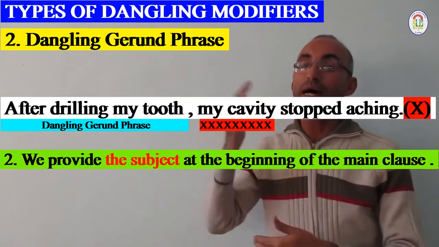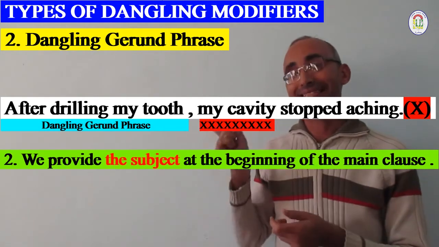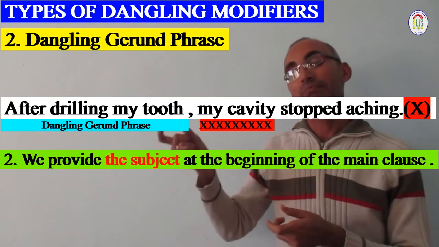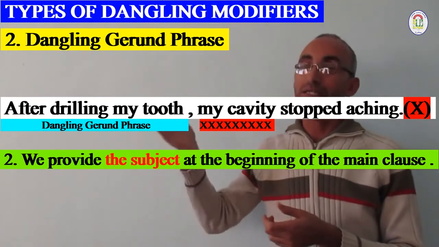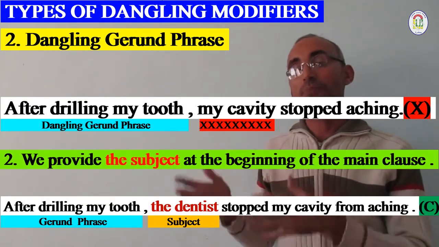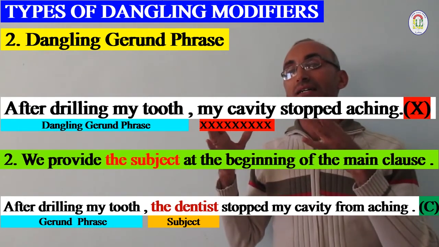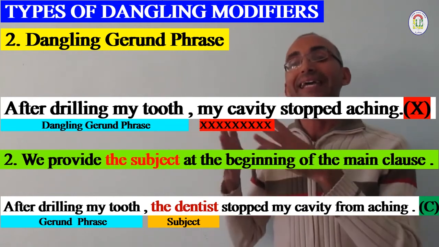Right. Or also I can use second way by mentioning the missing subject clearly at the beginning after the comma in the main clause. After the comma at the beginning of the main clause, and I write, after drilling my tooth, comma, the dentist stopped my cavity from aching.